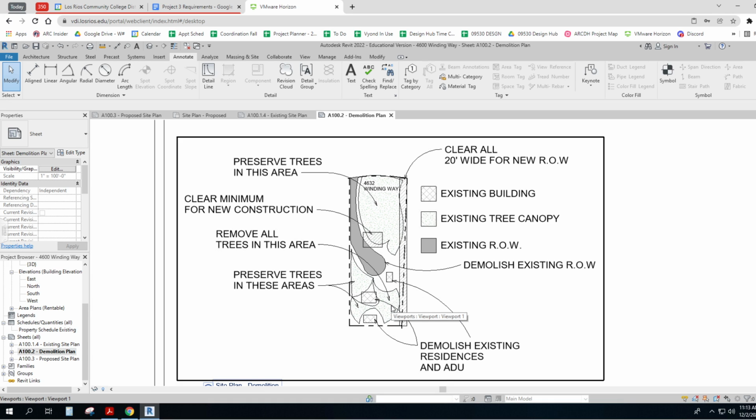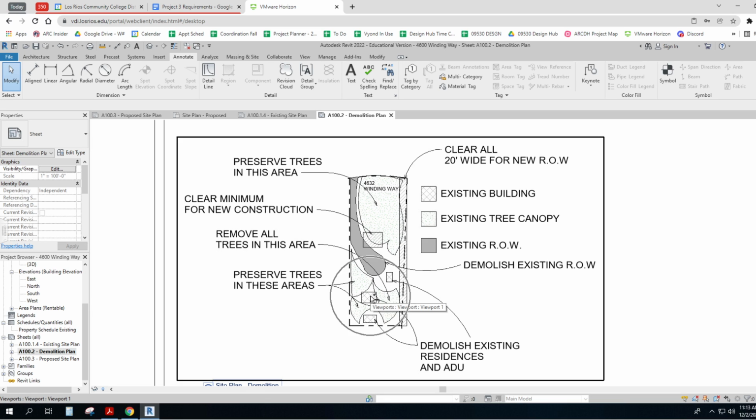That's a pretty good amount of preservation. And then for this building pad, there's going to be some removal, but we're saying clear the minimum amount necessary to do this. Okay. Demolish the existing right-of-way.